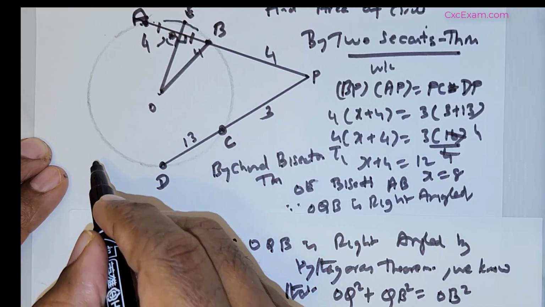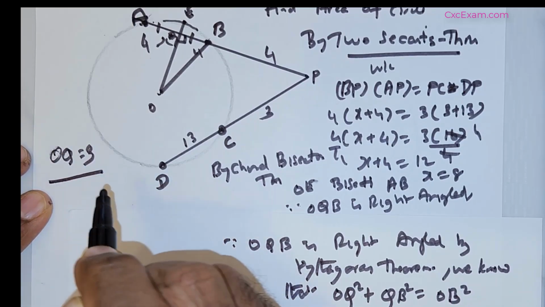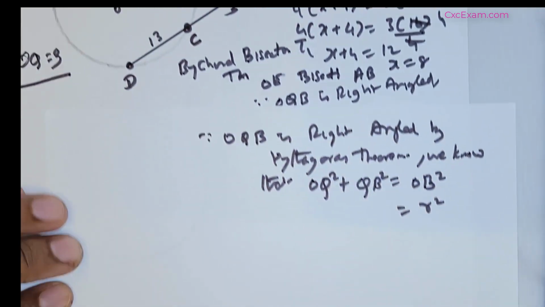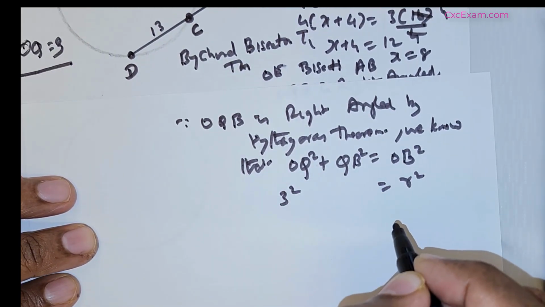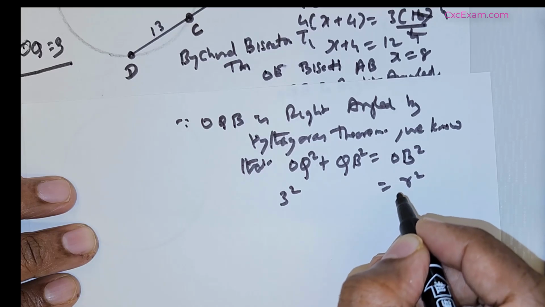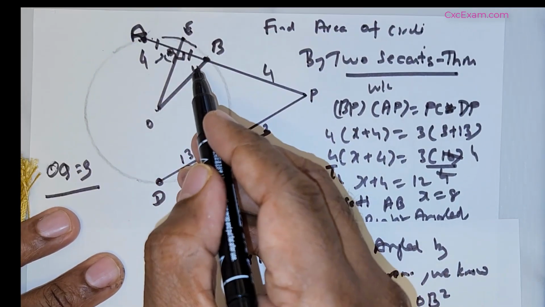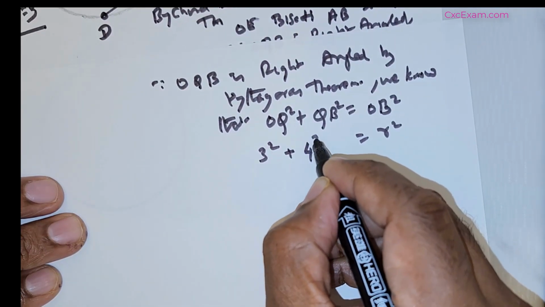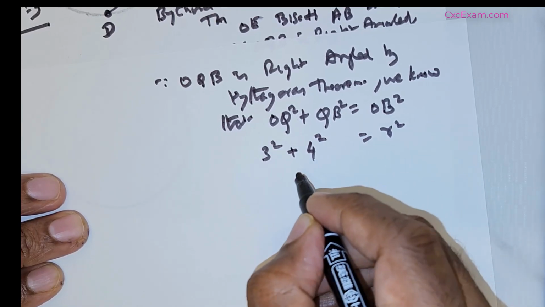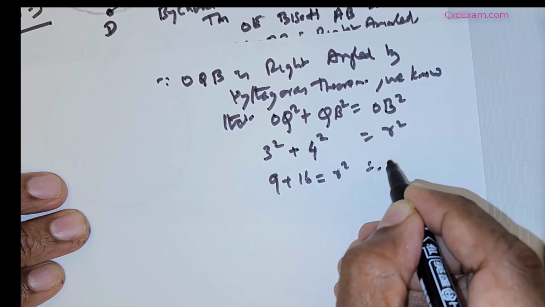So OQ is given to be 3 units. So this is 3 squared plus, this is QB. QB is 4 units. So this is 4 squared here. So this is going to be 9 plus 16 is equal to R squared.